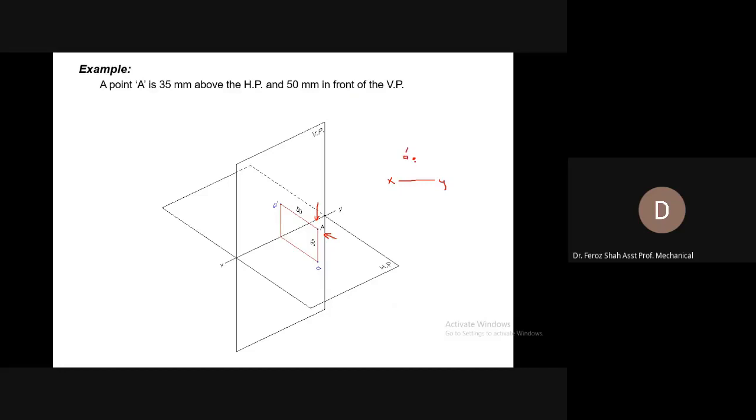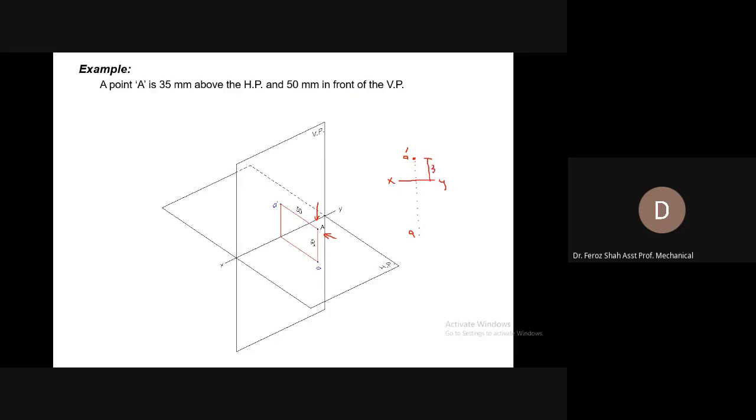And the top view will be in exact alignment with the front view, but you can see that the top view is forming 50 millimeter in front of the vertical plane, and when you rotate it, it will be rotated 50 millimeter below the XY reference line, in exact alignment. You draw the top view and give it dimensions.